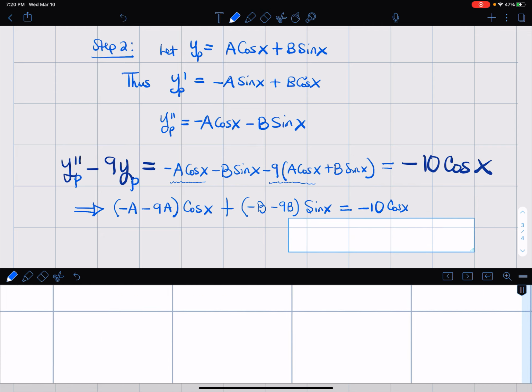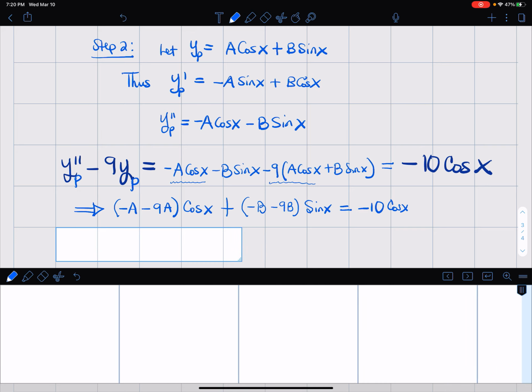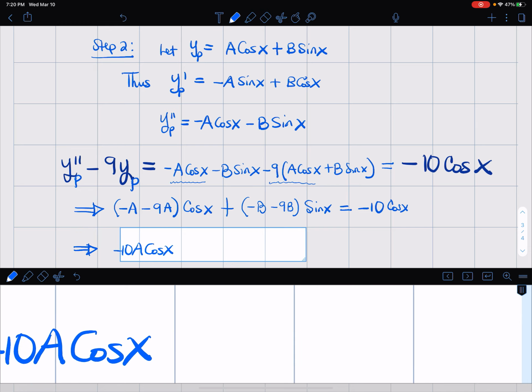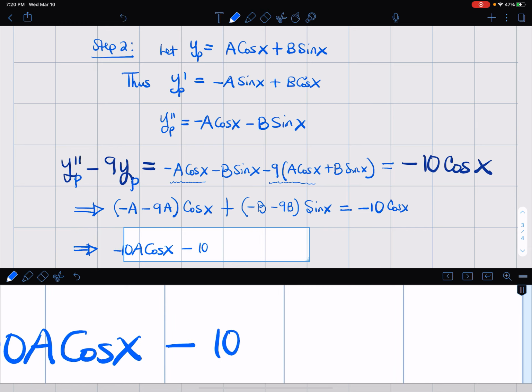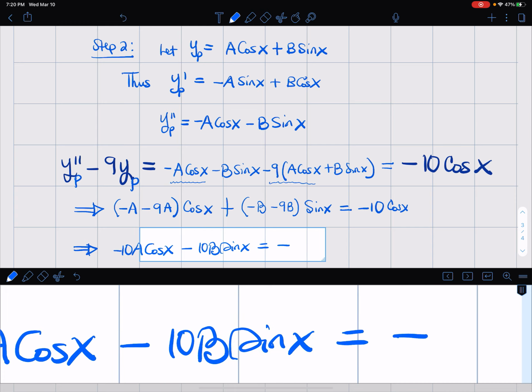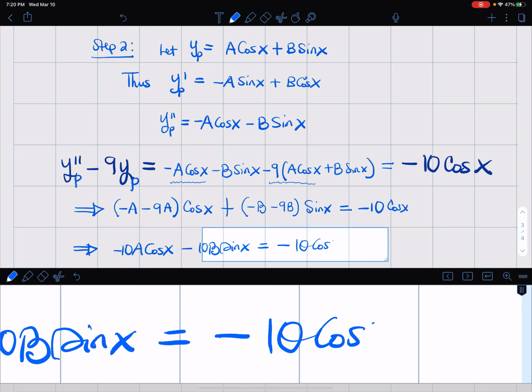So we have negative 10a cosine x minus 10b sine x is equal to negative 10 cosine x.